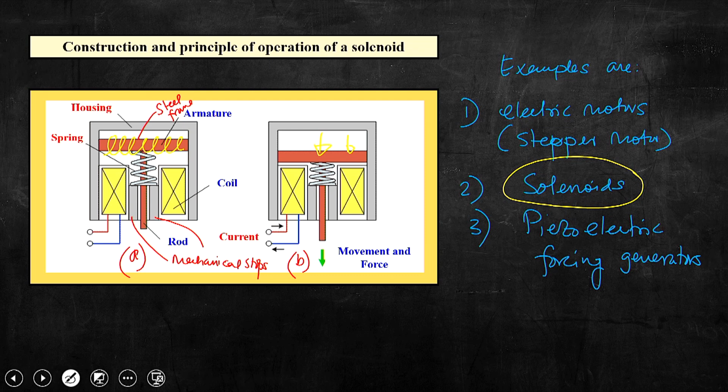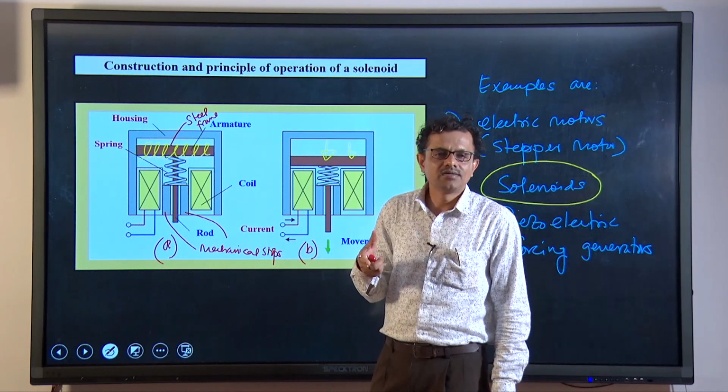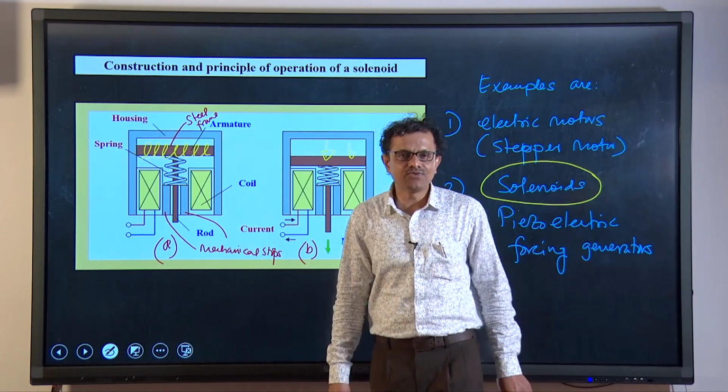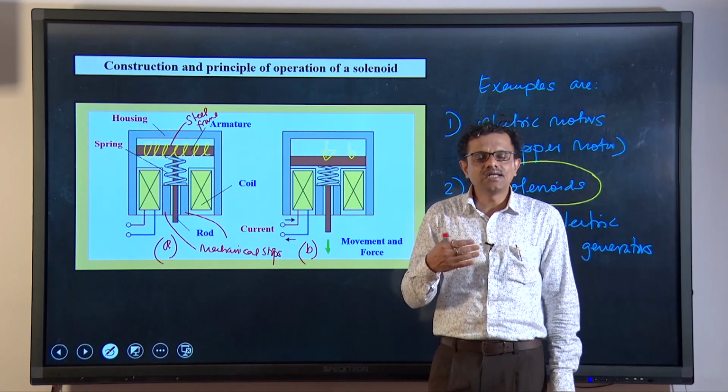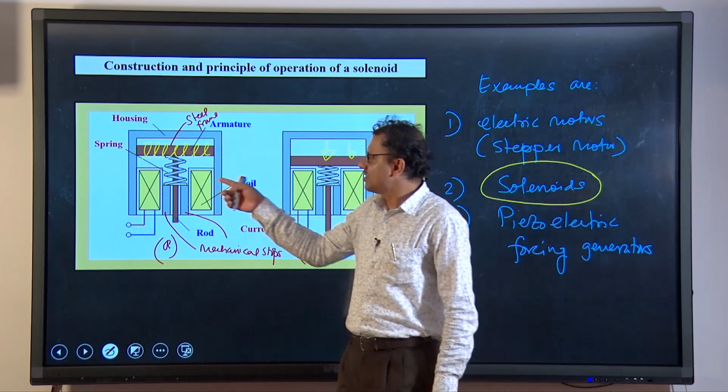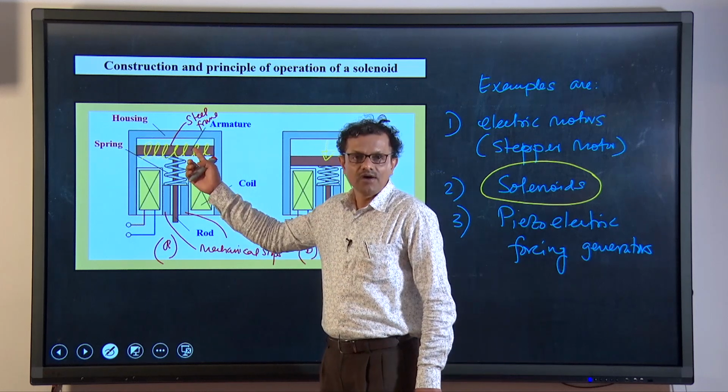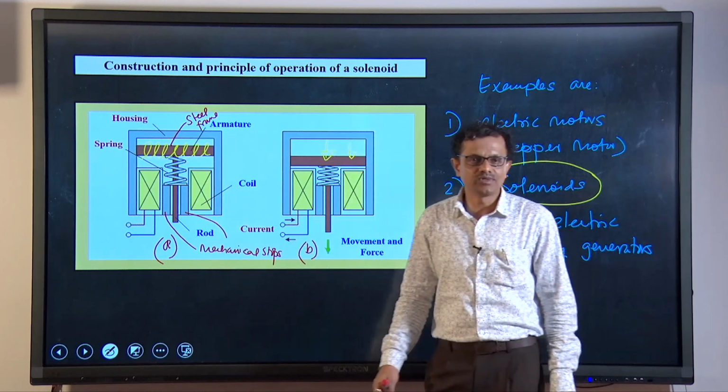If we now switch off the current through this coil, then there will be no electromagnetic force. Since it is spring loaded, the natural tendency of the spring will be to push it off again and restore its original position.